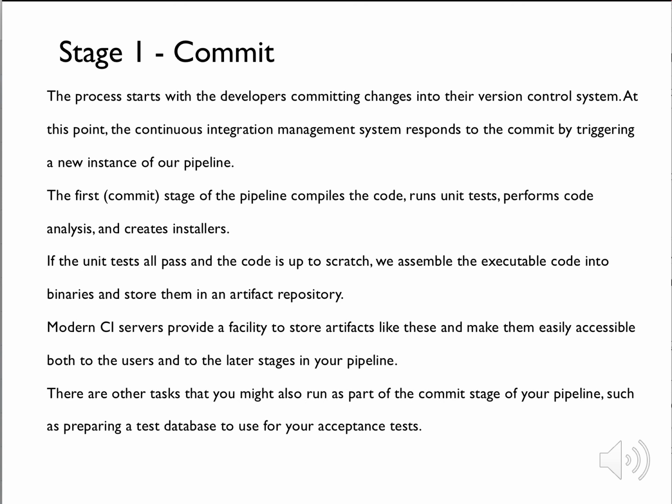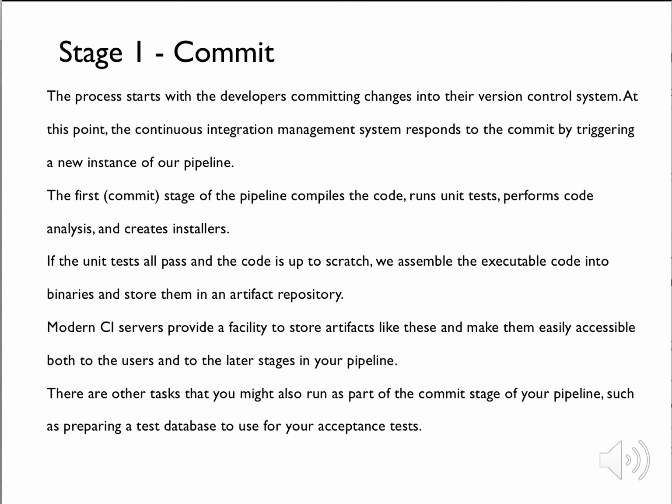The commit stage of the pipeline compiles the code, runs the unit tests, performs code analysis, and creates installers, or what we call binaries. If the unit tests all pass and the code is up to scratch, we assemble the executable code into binaries and store them in an Artifactory repository.